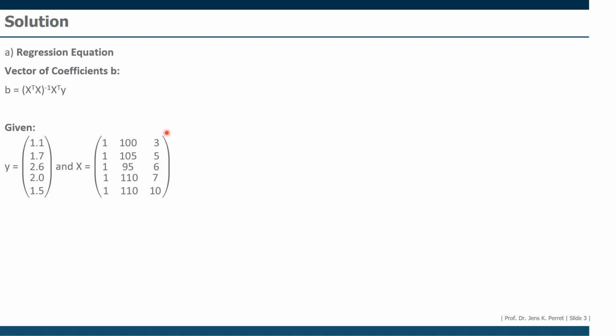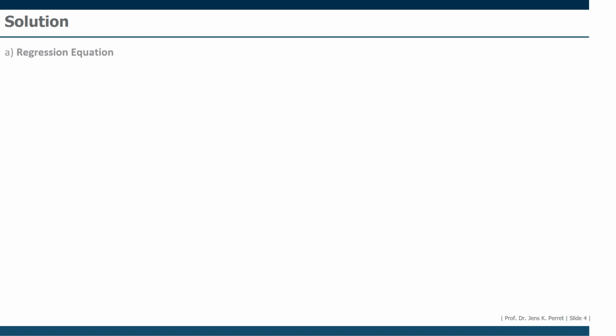We basically have to just take those two and plug them into this formula. For this, however, we're going to need first the transpose of x and the inverse of this expression.